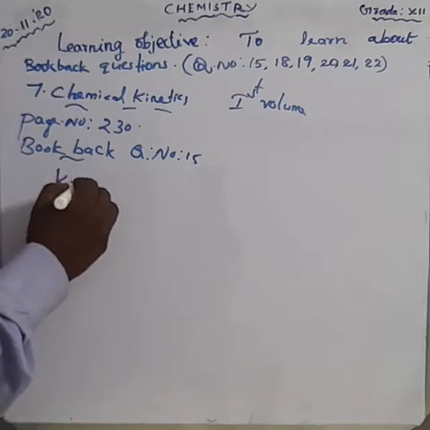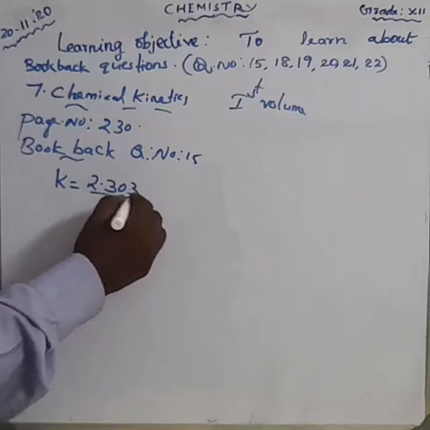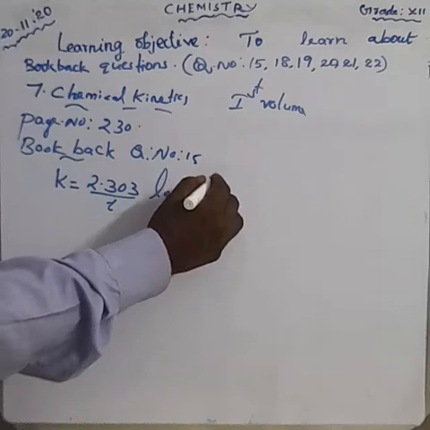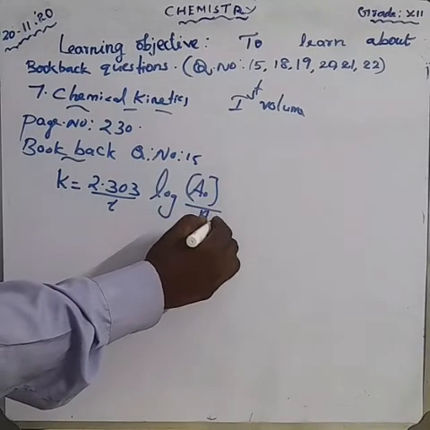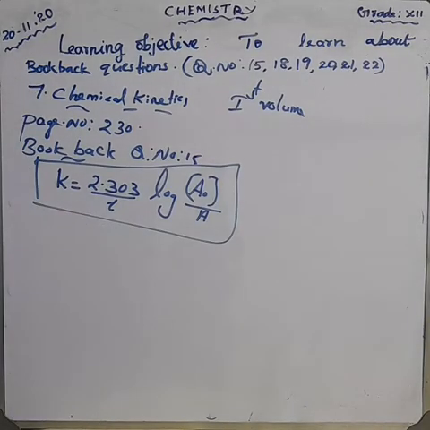K is equal to 2.303 divided by t, log a naught by a. This is the formula.